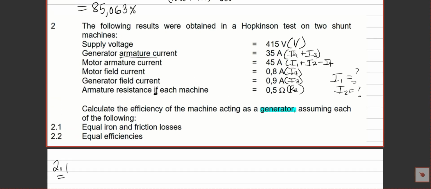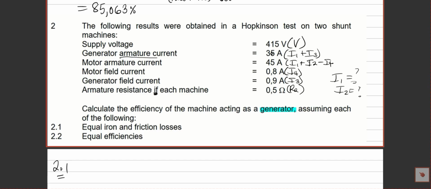So you'll notice the formula for I1 plus I3. Also, they gave us I3. So what you then do is this, you can find I1. Here, this is what I'm talking about.